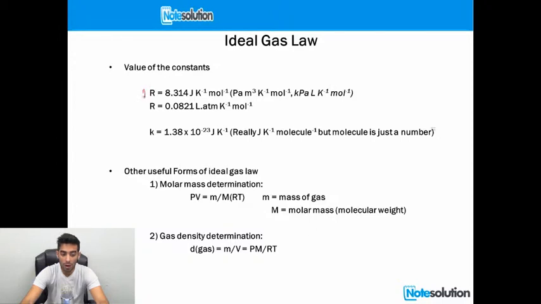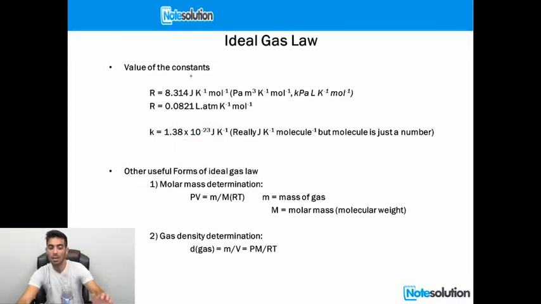The other value for R that we could use is 0.0821 liter atm per Kelvin mole. So just look at the units and you know which R value to use. While k, on the other hand, is 1.38 times 10 to the power minus 23 joules per Kelvin. Now, in reality, it's joules per Kelvin per molecule, but molecule is just a number, so we don't actually incorporate it in the units.